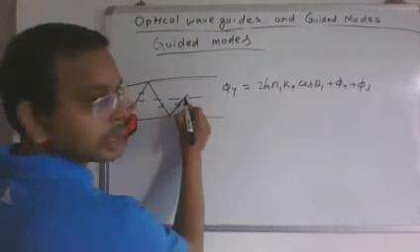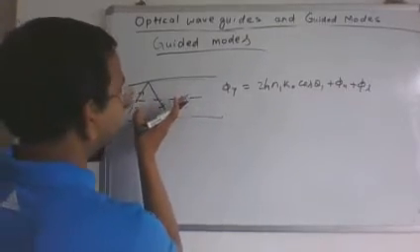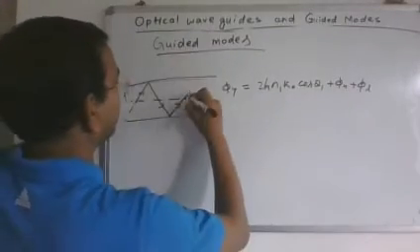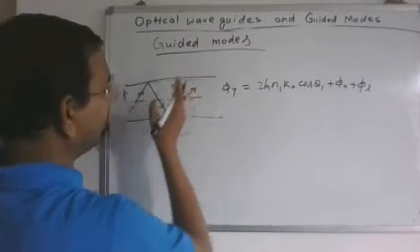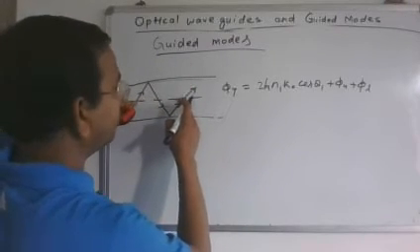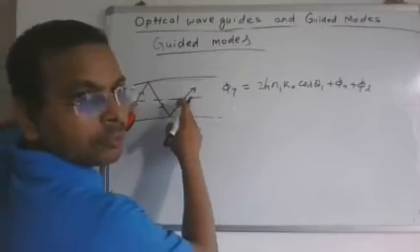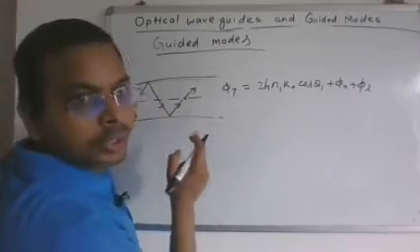this light will interfere with this, because both are going in the same direction, so both are parallel now. These two lights will interfere when both are in the same phase.